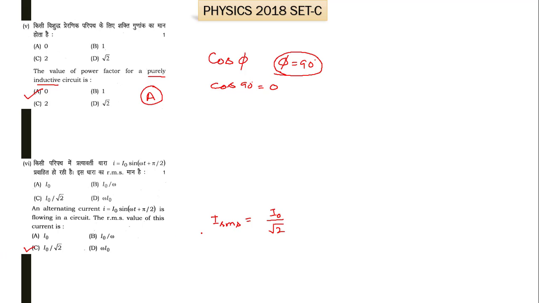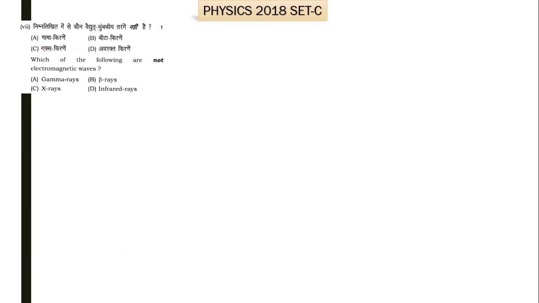So C is the right option for the sixth part of question number 1. Now moving towards the 7th part of question number 1. It says that which of the following are not electromagnetic waves? Not electromagnetic waves.